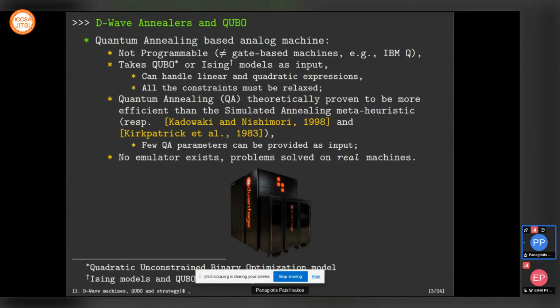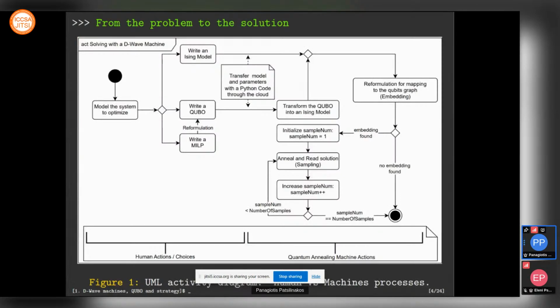And we talk about real machines in Canada. D-Wave is a Canadian company, and once we have formulated our QUBO, we send the model to optimize through the cloud. Here, I drew a UML activity diagram to split the different actions we have to do for solving our problem.